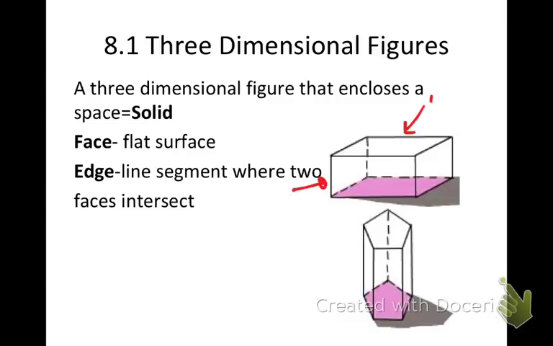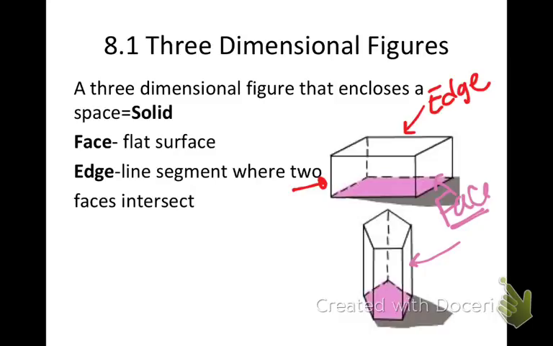So that would be an edge. And remember, the pink surface or the flat surfaces that we had, that's a face. So all of these sides would be faces. I could color them all in, but then you wouldn't see much. So we need to know face, and you need to know edge.